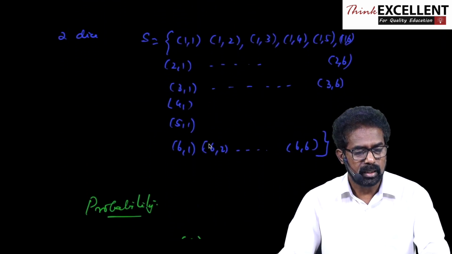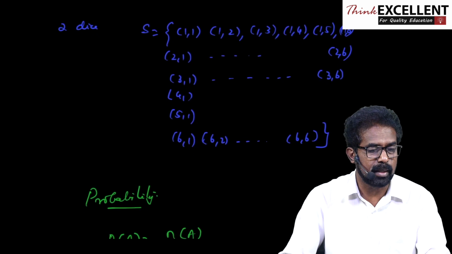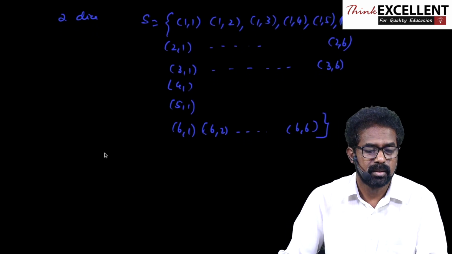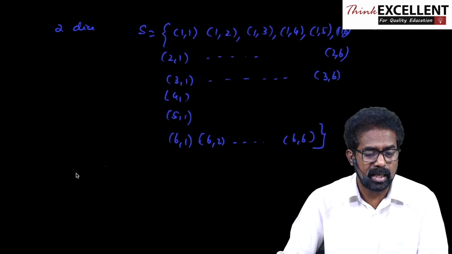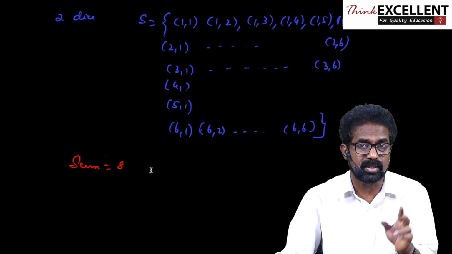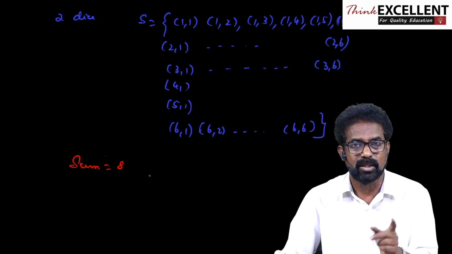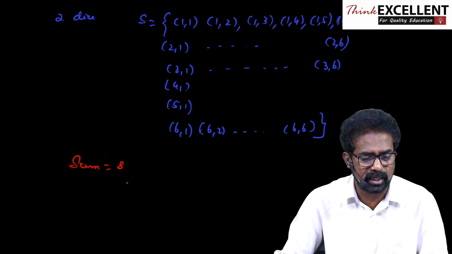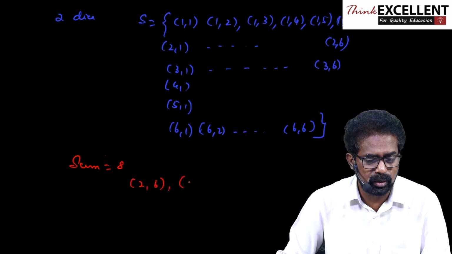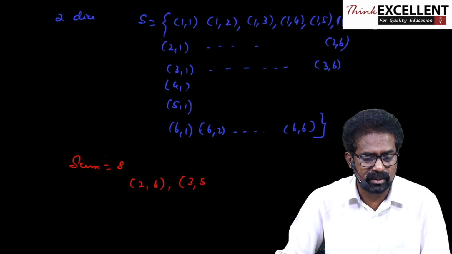And even in 2 dice, the question can be: probability of getting the sum 8. Sum equal to 8. So you see what the favorable cases are. In the first row you won't get anything, because in the first row the maximum itself is 1,6, the total is 7 only. Sum is 8 means in the second row you get 2,6. 2 plus 6 is 8. Third row 3,5 is 8.